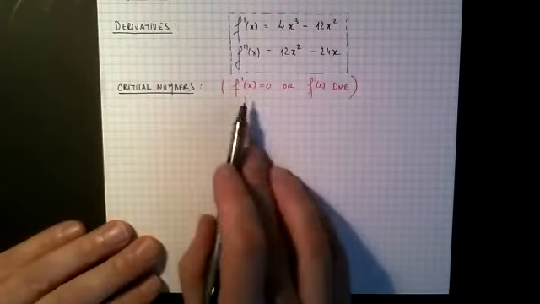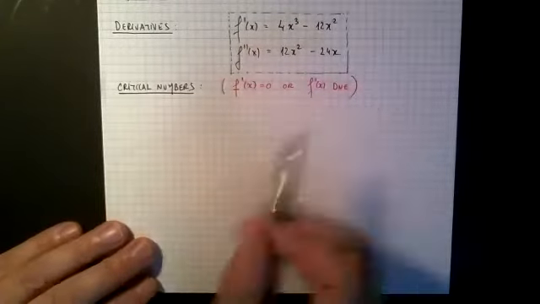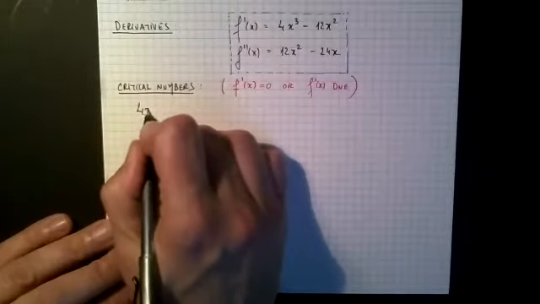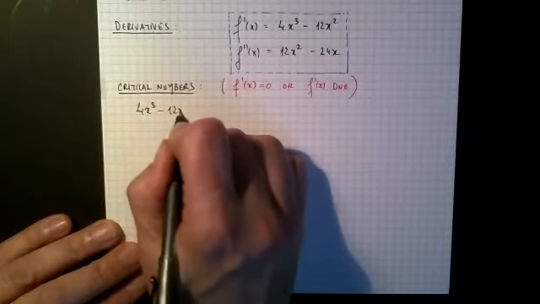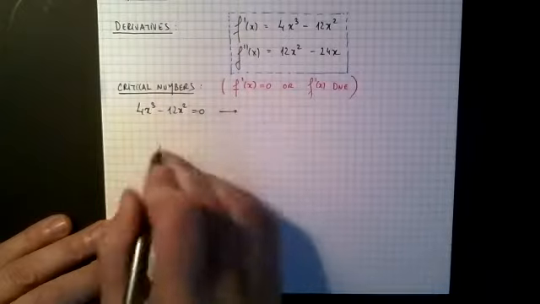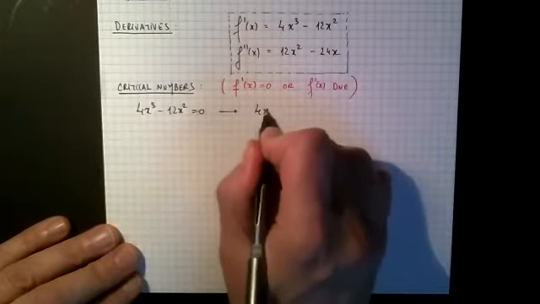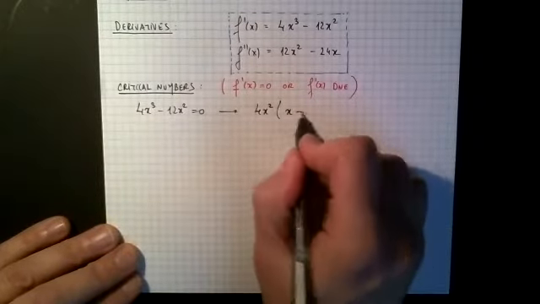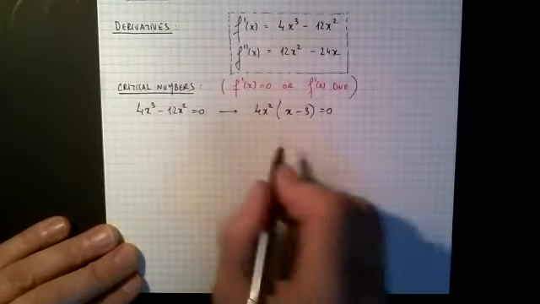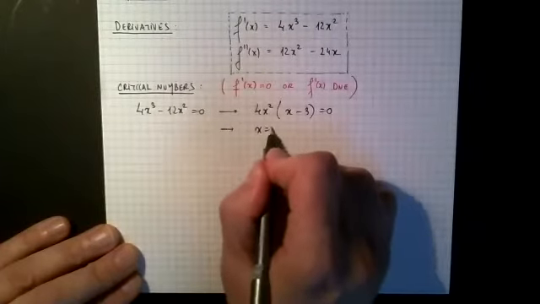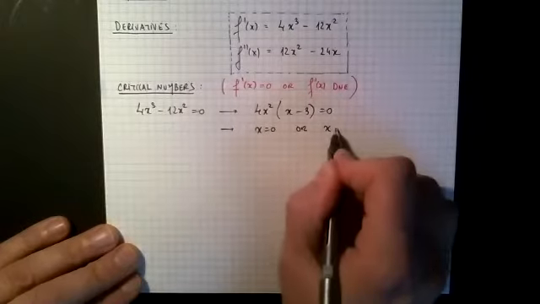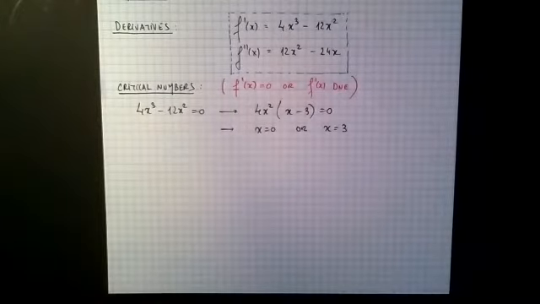So when is my first derivative equal to 0? 4x cubed minus 12x squared equals 0. I factor out 4x squared: 4x squared times x minus 3 equals 0, and therefore either x is 0 or x is 3.